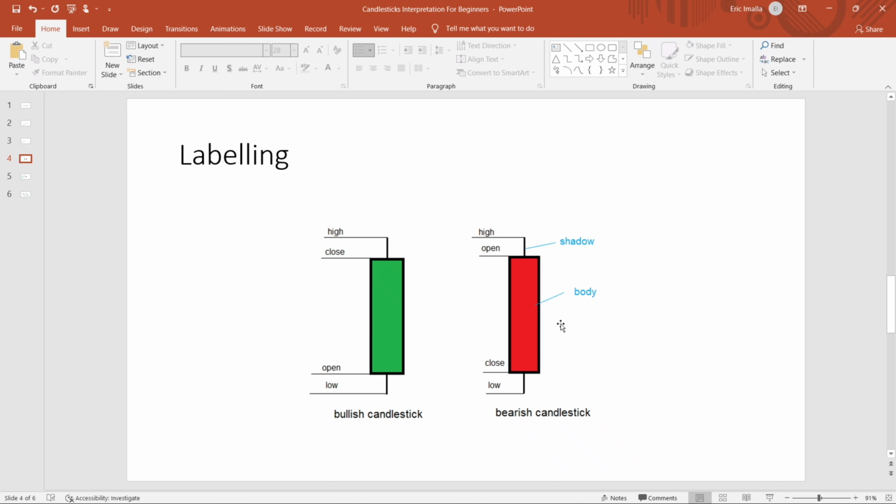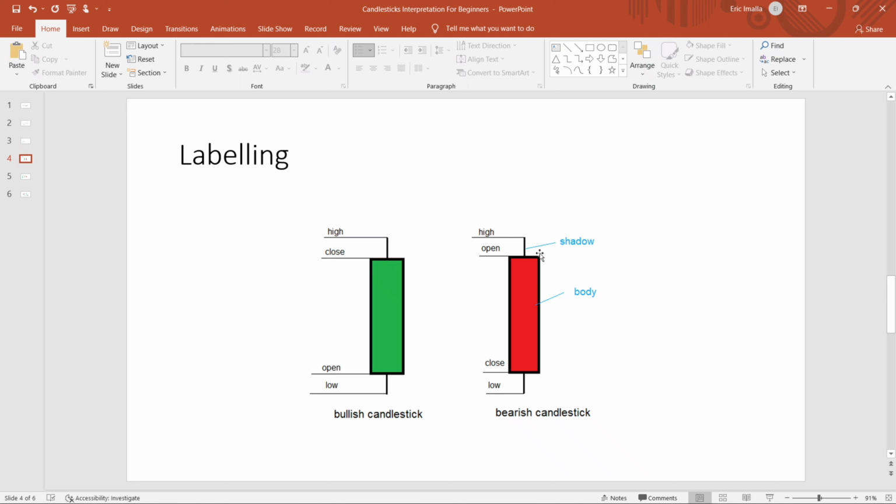For example, since we're using the 1 hour time frame, the body is the part that is filled with paint, or filled with this color, as you can see. So the body just shows the range between the opening and the closing price. On the other hand, the shadow shows the highest and the lowest levels that price reached during the specific time frame. So that's the difference between the body and the shadow.